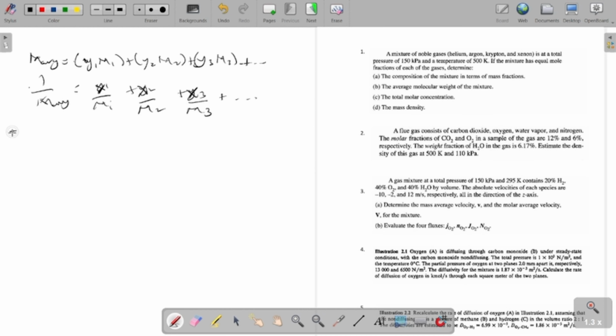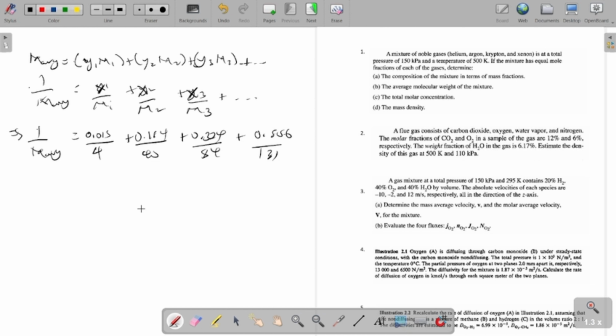So I'm going to use the mass fractions to work. I have 1 over the average molecular weight, which is 0.015 divided by 4, plus 0.154 divided by 40, plus 0.324 over 84, plus 0.506 divided by 131.